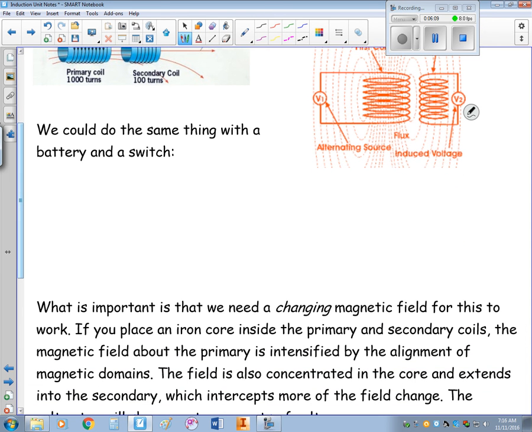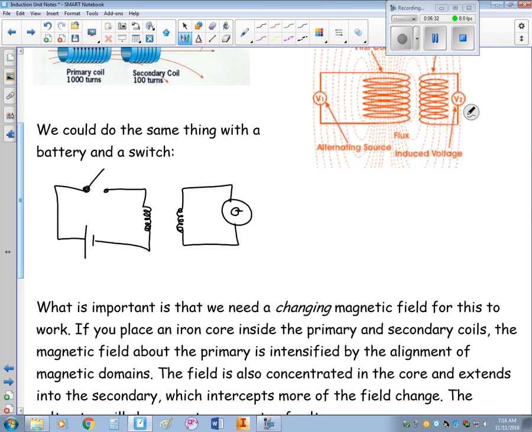So if I had something like this, and then had a secondary coil go to some sort of galvanometer or voltmeter or something.